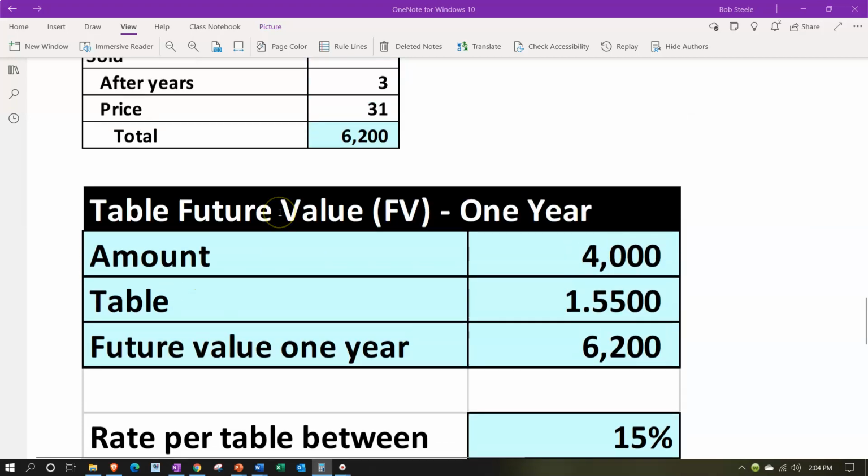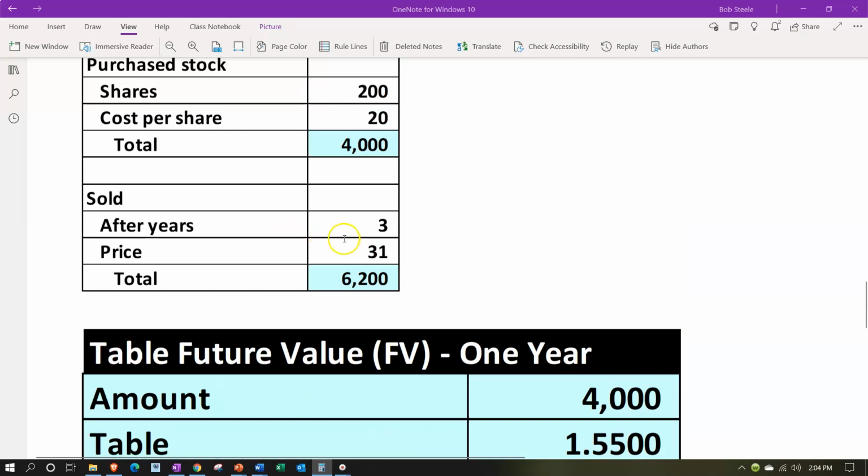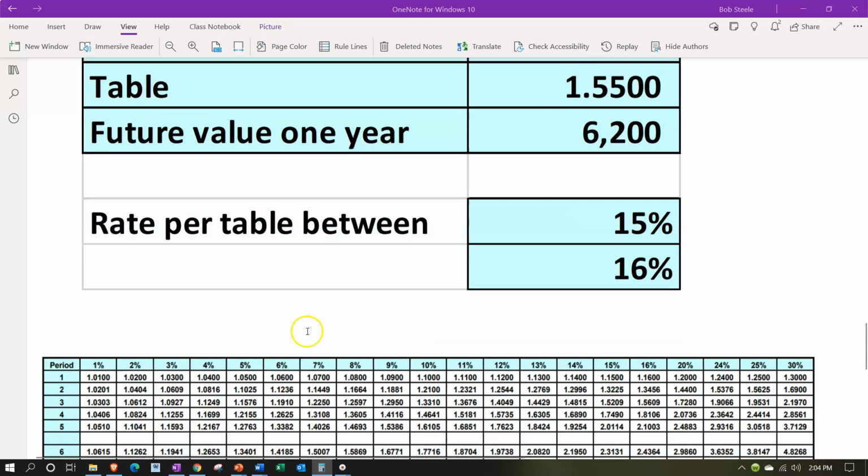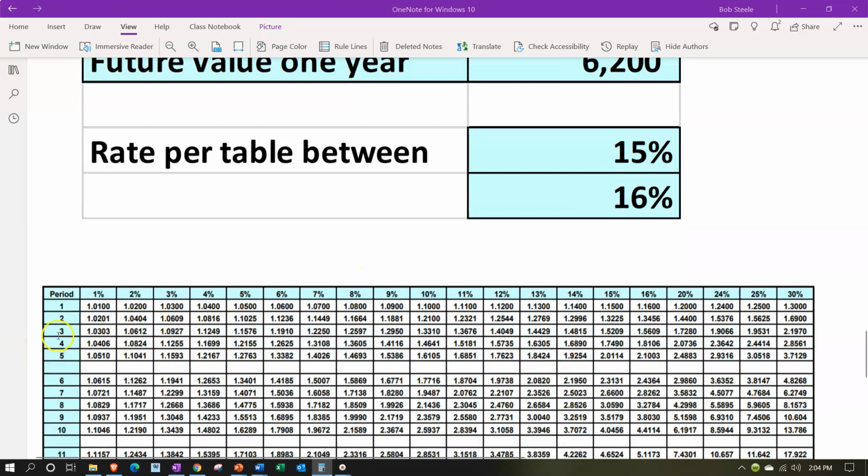And so given the fact that we know that it's going to be 3 years, I can look for the 3 years area and that amount 1.55. It's not going to be exact because the percent is in between these two, but if we go 3 years here, I'm looking till I get to the 1.55. If I keep going up, we're going to say, okay, there's 1.1249 and then 1.157.